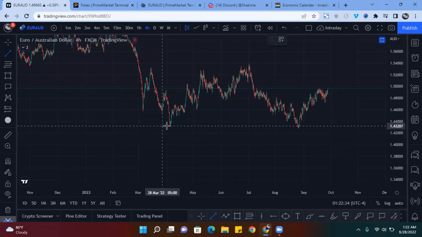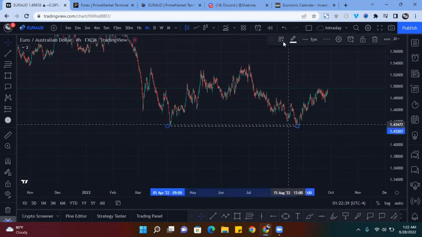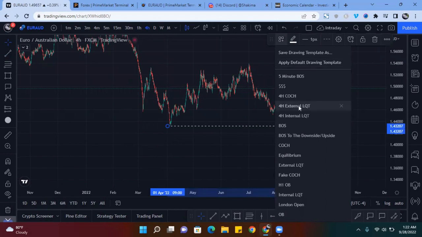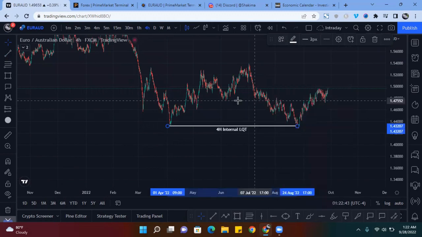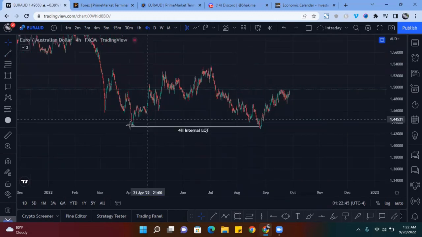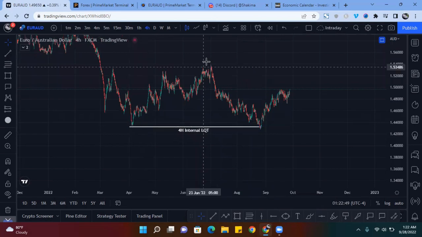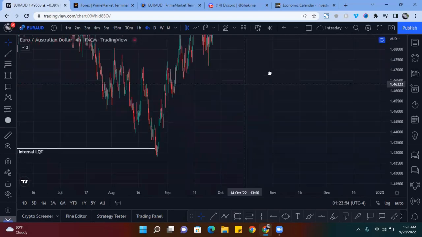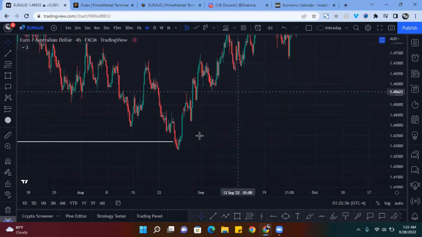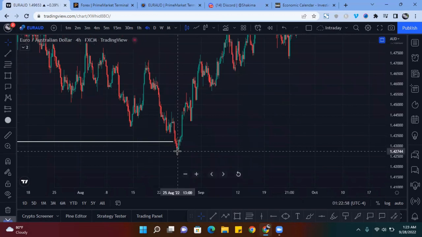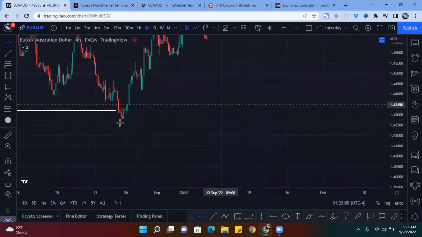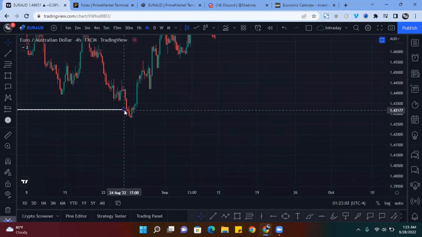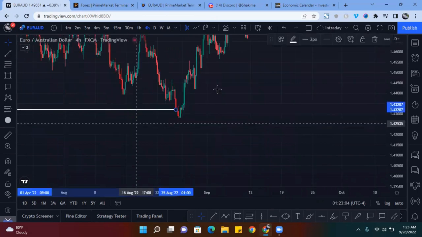They took major internal liquidity right here, basically this entire impulse move from here to here. That's all internal liquidity. And you can see right here that on August 25th they traded below and took that external and internal liquidity on the bottom there.